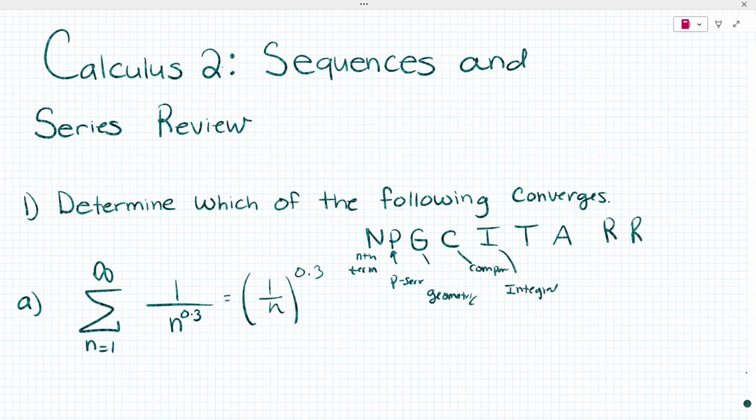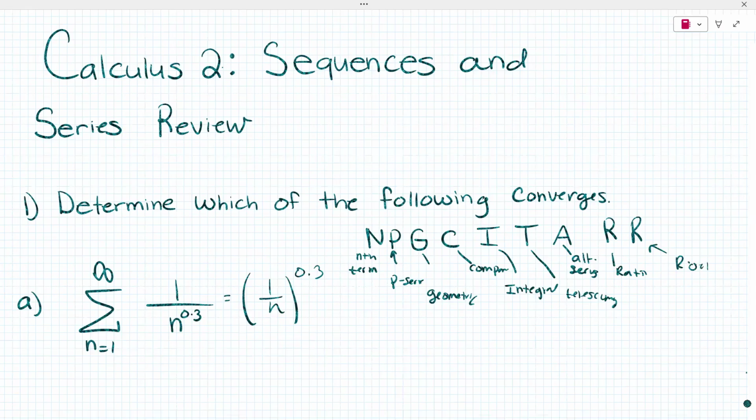The T stands for telescoping. The A stands for alternating series. R stands for ratio. And this other R stands for root.